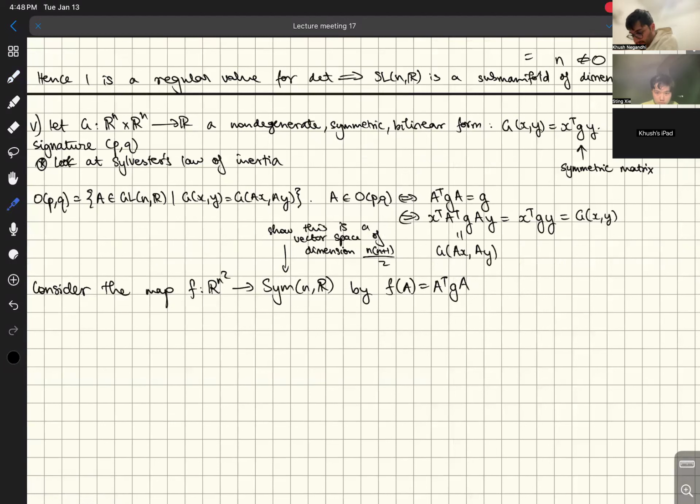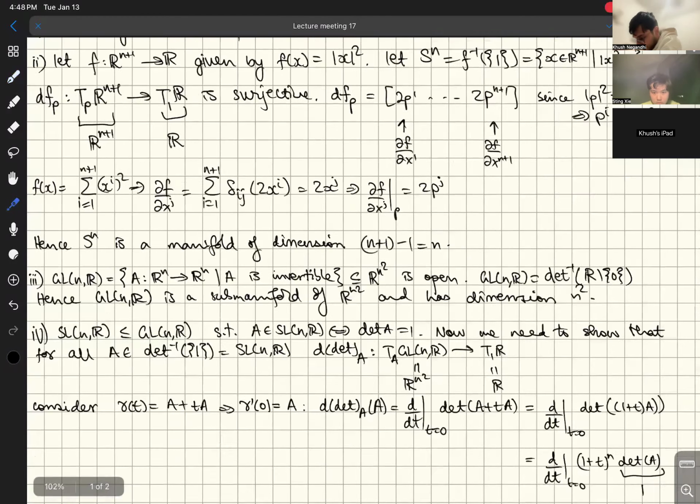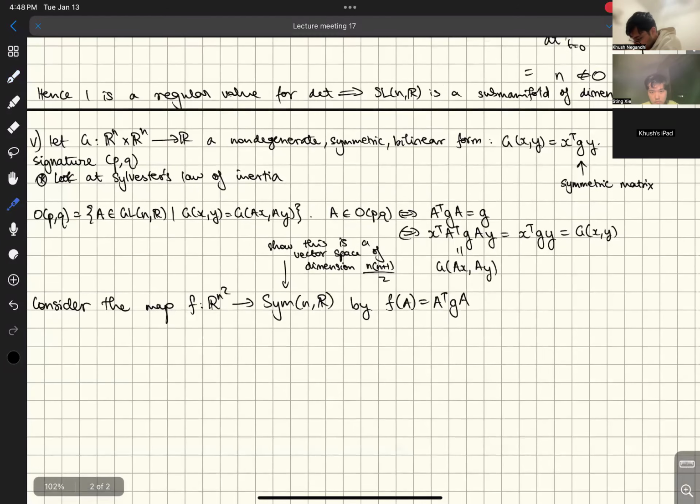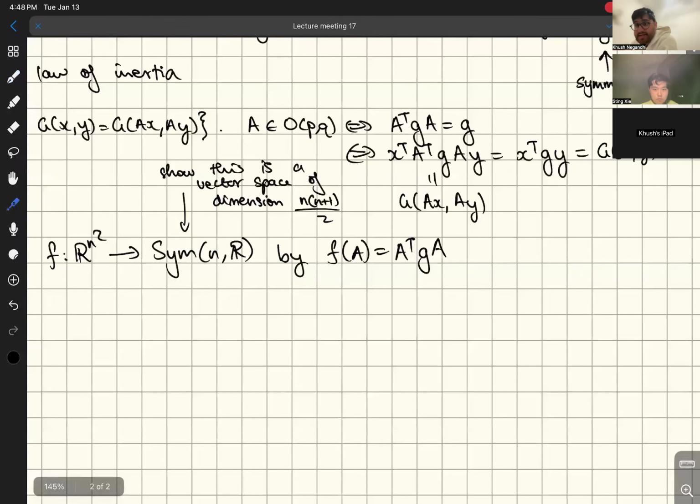Since this thing is a vector space, and our first examples of manifolds were vector spaces, it makes sense to talk about this map F being smooth. So let's talk about why this map should be smooth. If you look at the components of F, they're just polynomials in A, right?